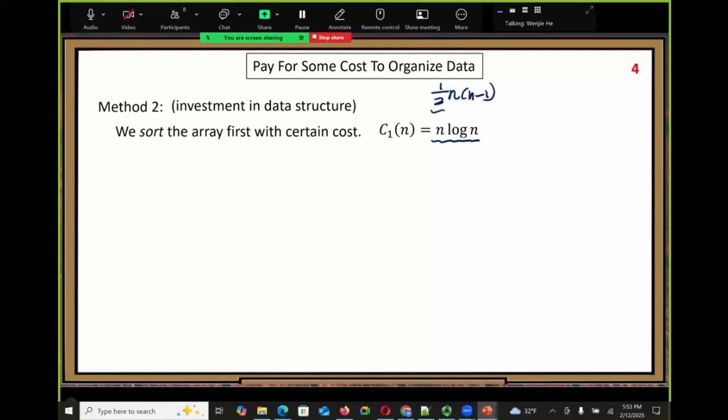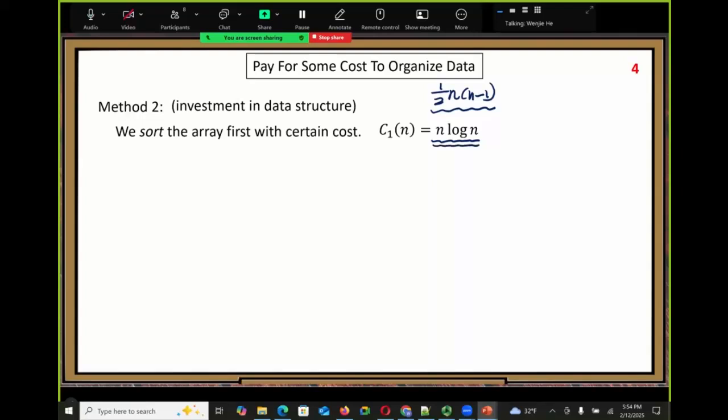But this number is not good. Later we have several other, better sorts, so we just pick one of those better sorts. It gives the n log n efficiency.